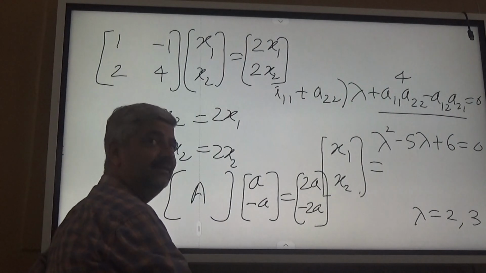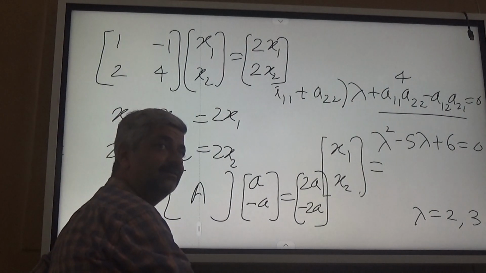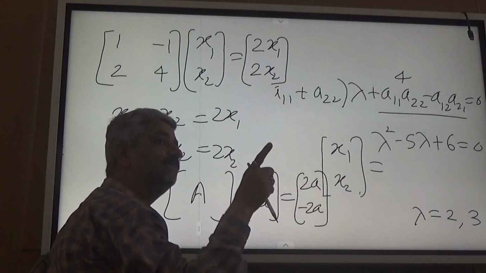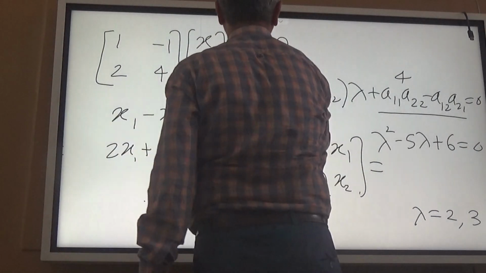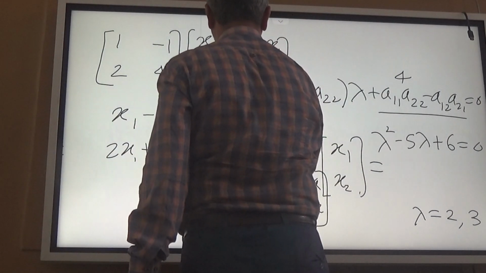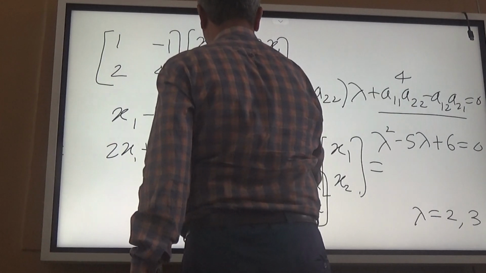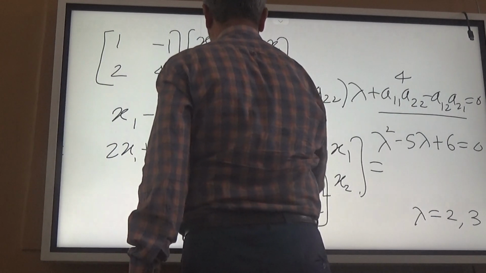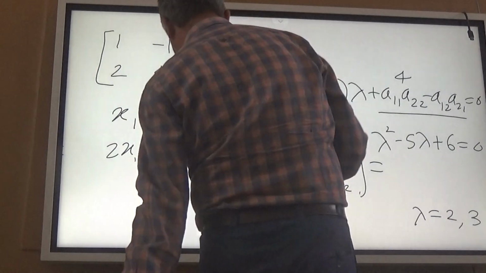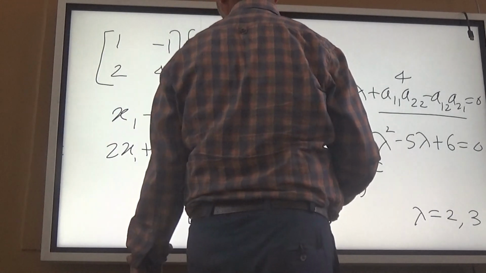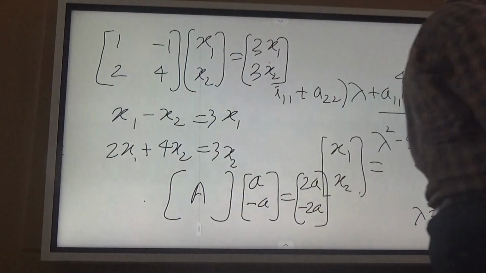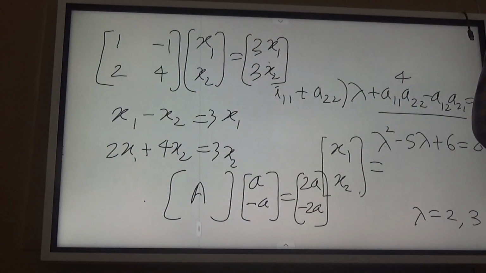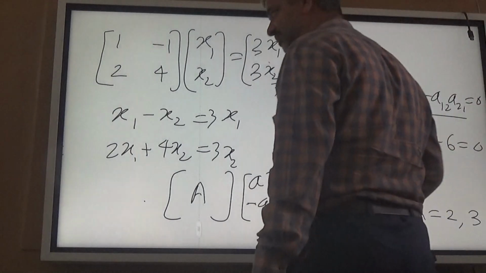For lambda equal to 3, what do you get? You just put 3. So what do you get? For lambda equal to 3, what is the relationship?